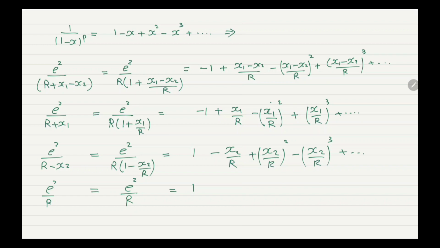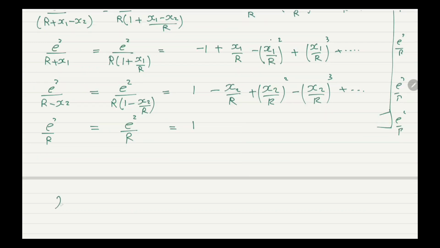Now remember, all these equations are multiplied by a squared over R, and the last one here is a squared over R. Now remember, H1 equals a squared over R plus a squared over R plus x1 minus x2 minus a squared over R plus x1 minus a squared over R minus x2.